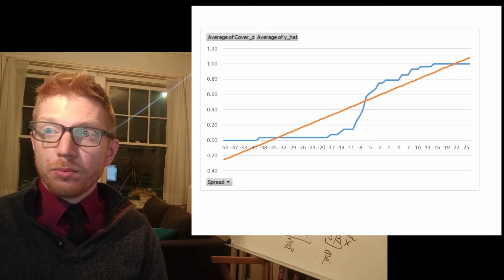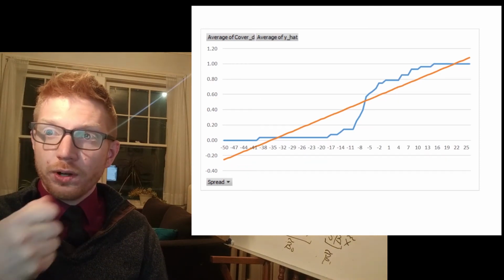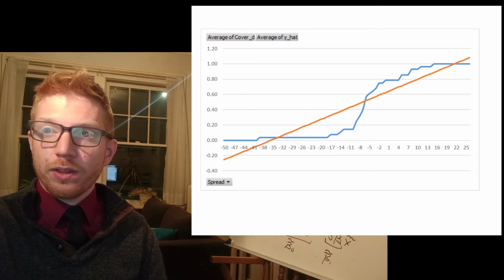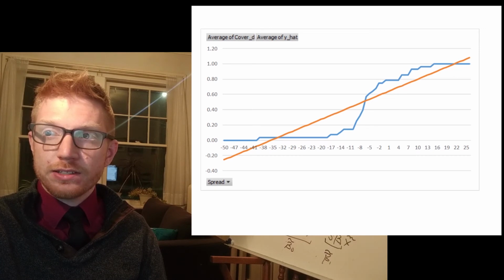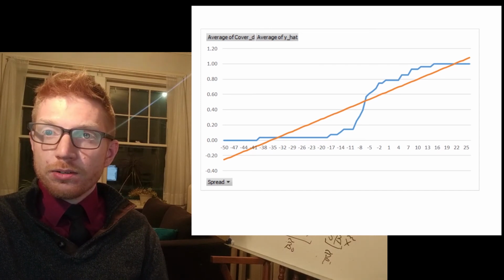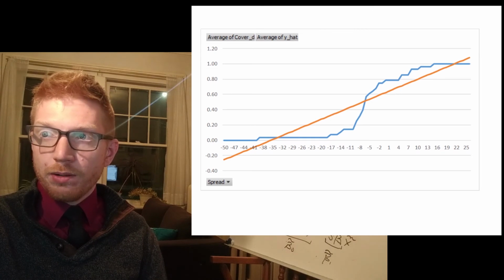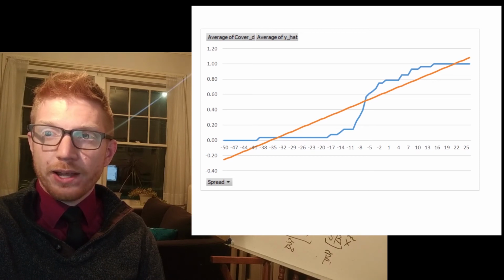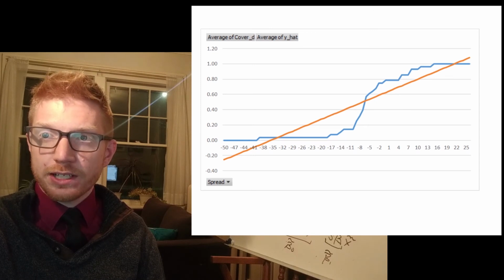So as a linear model, the impact of a 1 unit change is the same whether you're down here in the -50s, down here right around -10.5, or whether you're up here in the positive 20s. So moving from a spread of -8 to -7 in the linear probability model has the same impact as moving from -47 to -46.